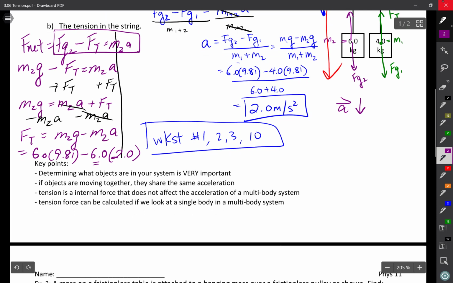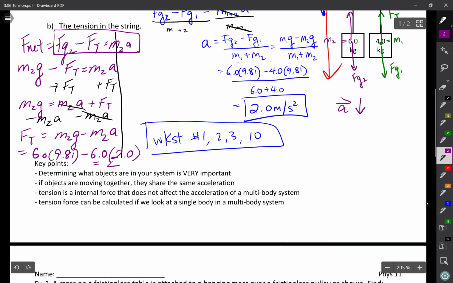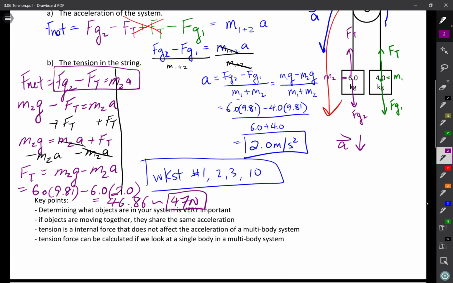So you put this in, and it looks like this is going to give you about 40-something newtons, but we can confirm that with the calculation. So we get 46.86. That's going to round up to about 47 newtons.